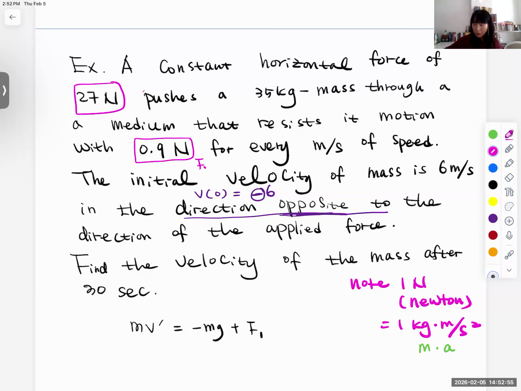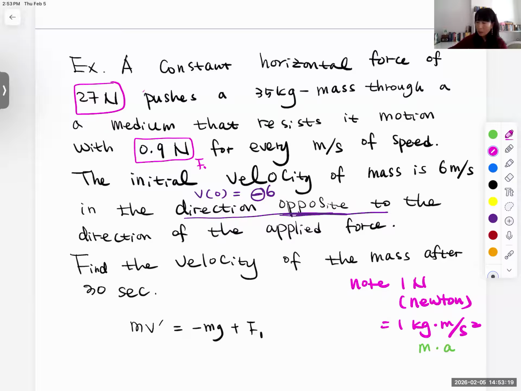The initial velocity of the mass is 6 meters per second in the direction opposite, so we use negative, to the direction of the applied force. We want to find the velocity of the mass after 30 seconds.